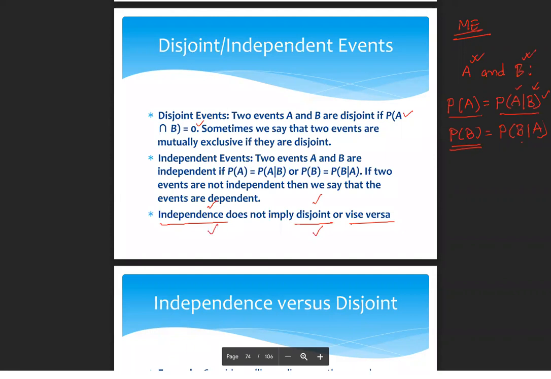One does not imply the other. So independence does not imply disjointness, and disjointness does not imply independence. It kind of sounds reasonable from an ordinary perspective, but in reality, it really isn't.